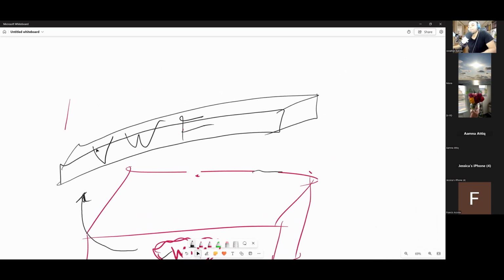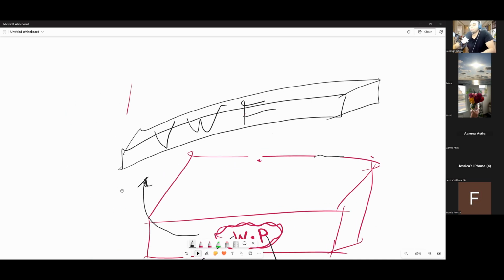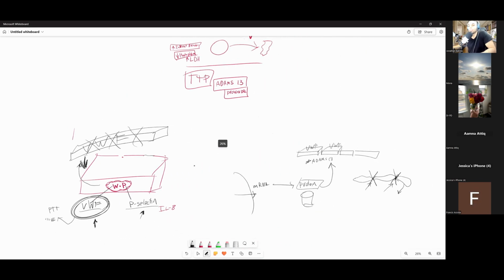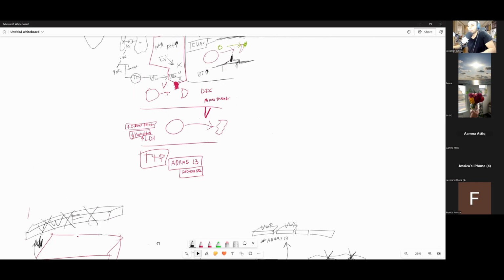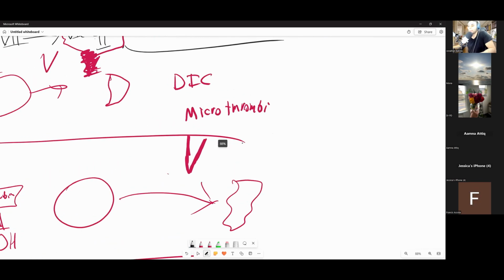Because now von Willebrand made its way out and it starts to do its job. It basically gets stuck. And once it gets stuck, it starts to bind the things that are rolling around in the bloodstream. It starts to basically form something that we mentioned before, a microthrombi. We're connecting it with what we said before.